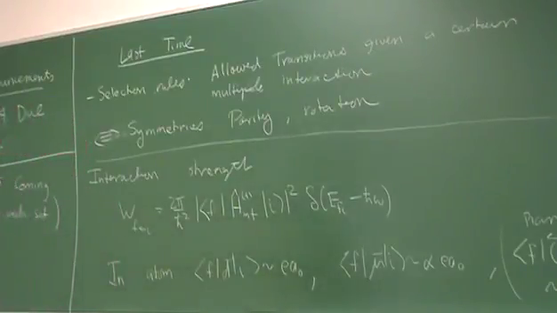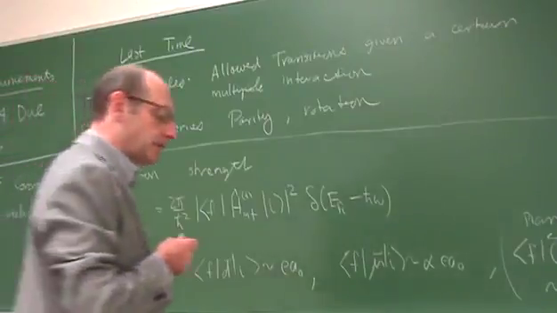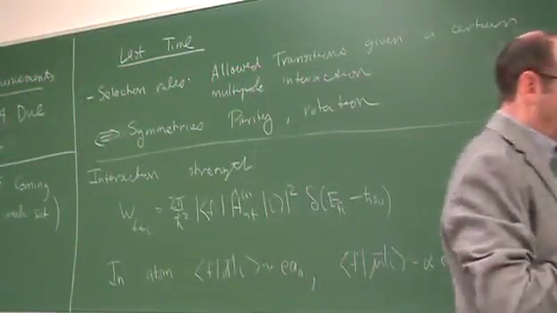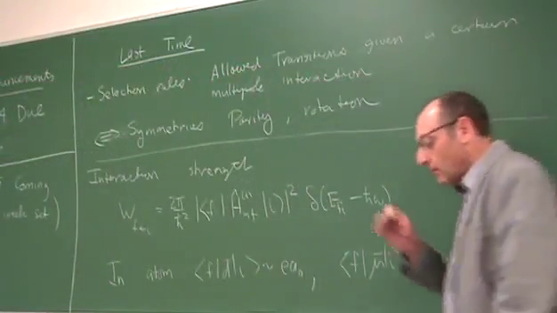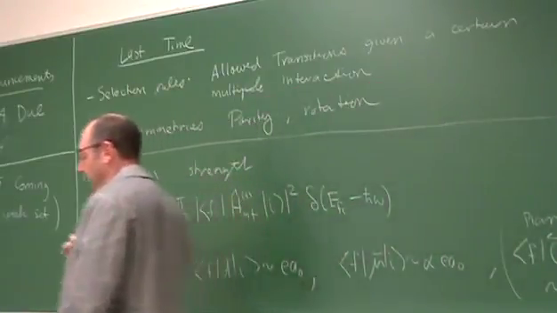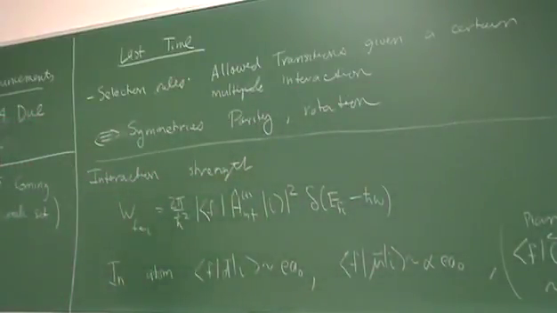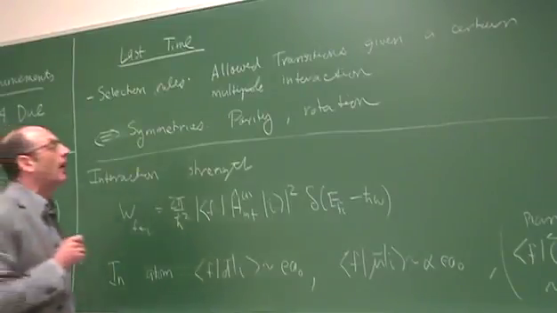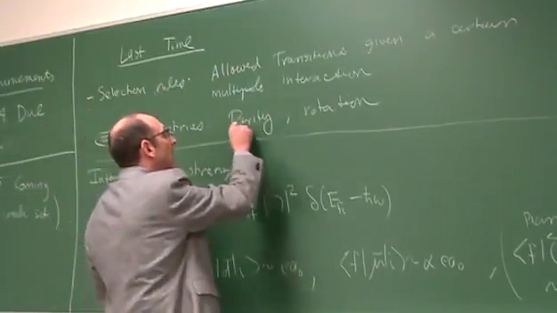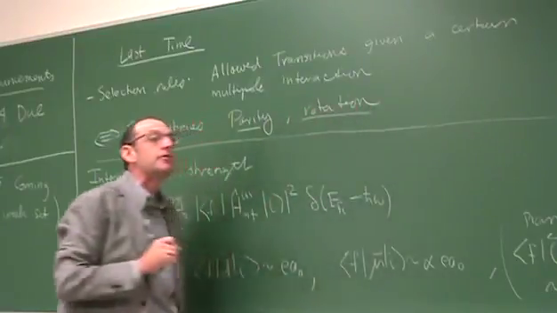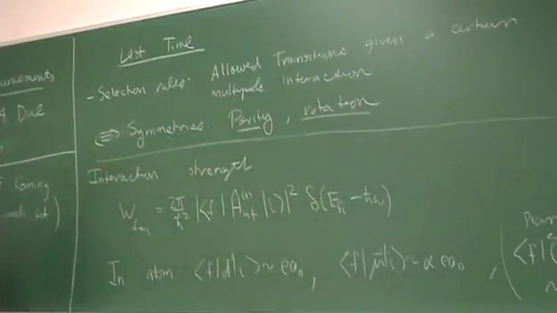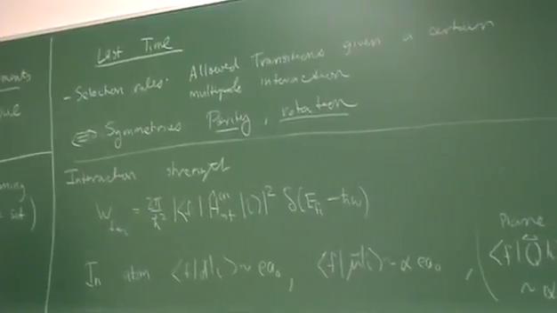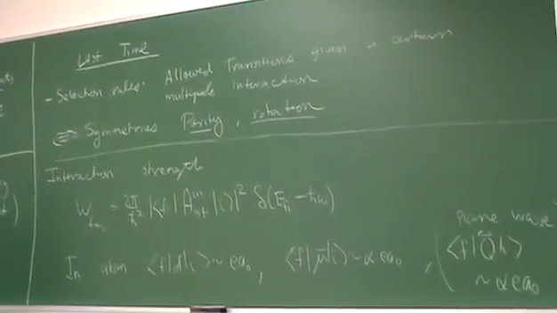The selection rules for the allowed transitions are determined by the symmetries of the system, and in particular, they are dictated by parity symmetry and rotation symmetry. Those are two important symmetries that determine the allowed transitions.